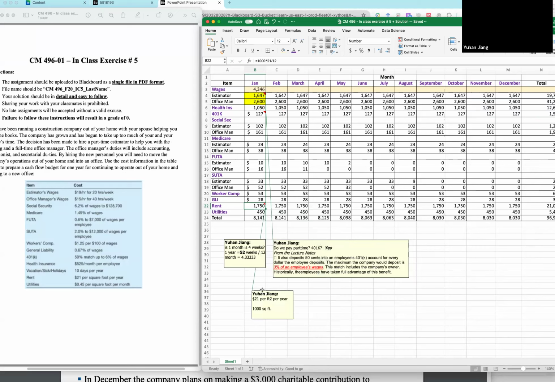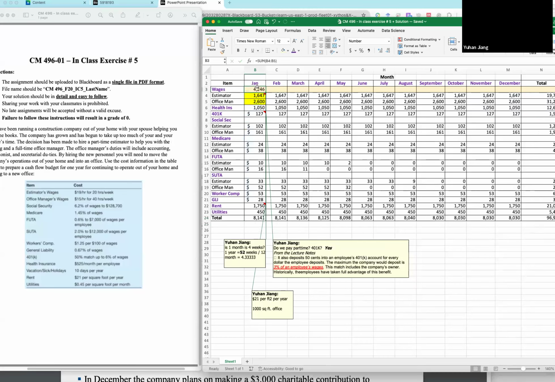Show notes. And the utility will be the same way. So your office is about 1,000 square feet, times 0.45, and your total will be the sum of all those, right?